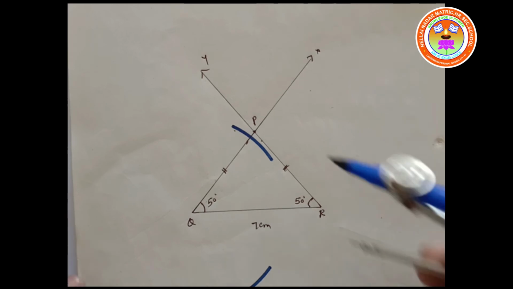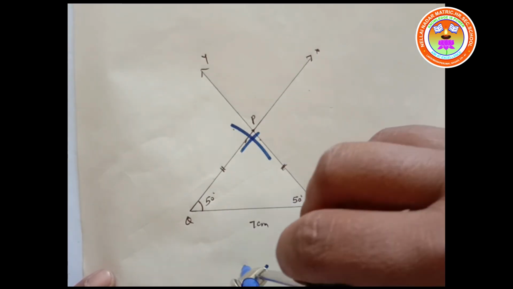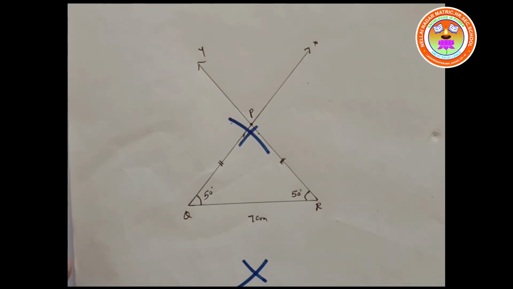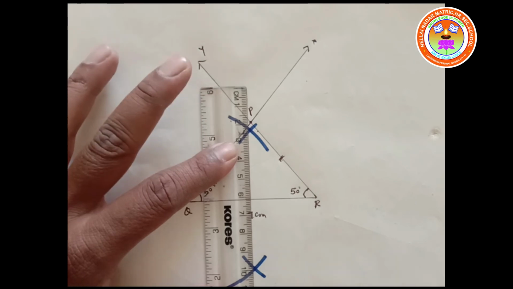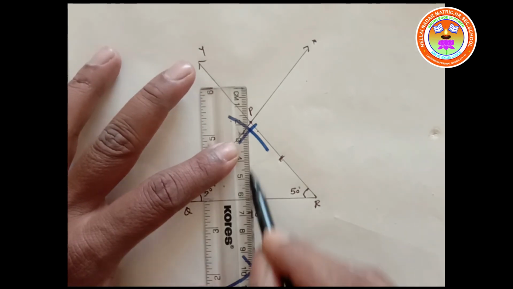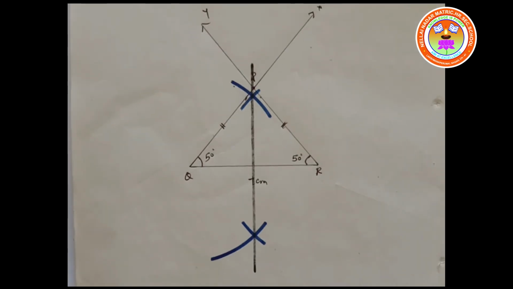From R, the arc should cut the previous arc. Now join the line, you get a perpendicular bisector. It's clear, children?